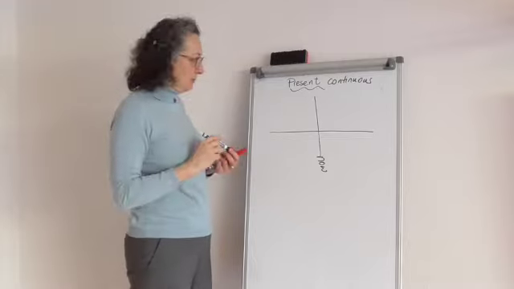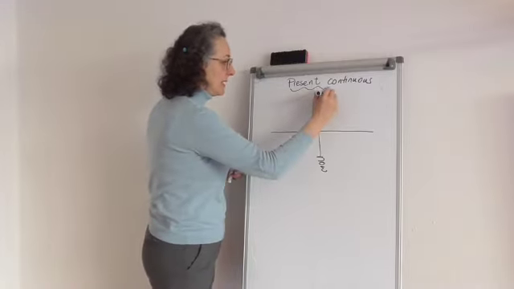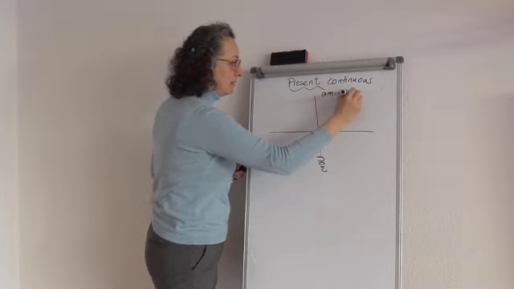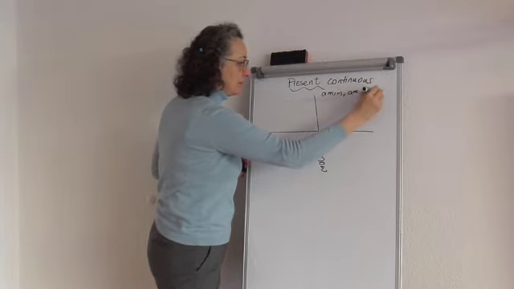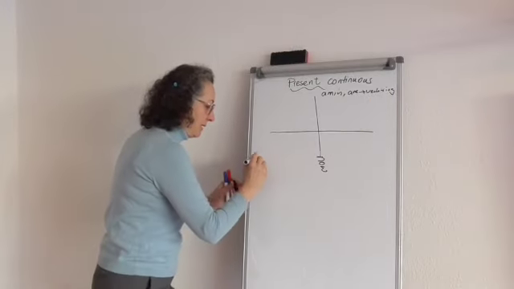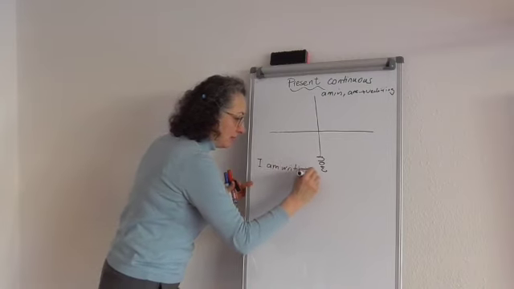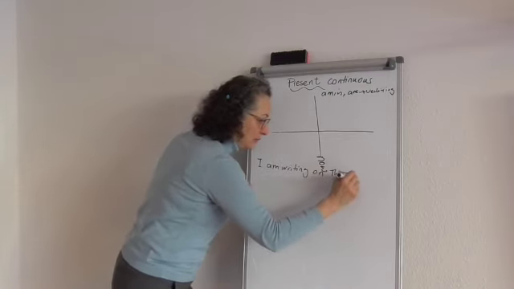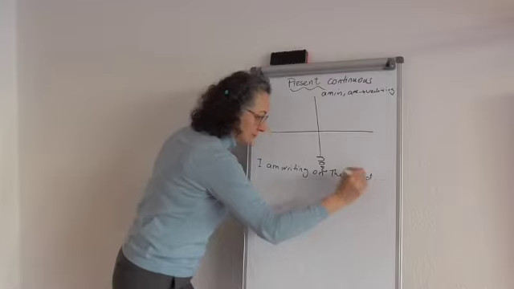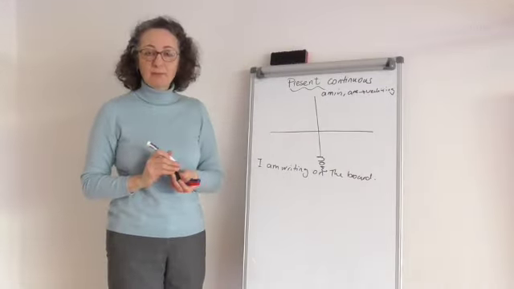Okay, so how do we make it? Is pretty clear. Using am, is, are, plus verb, plus ing. So, for example, I am writing on the board. Okay, present continuous right now.